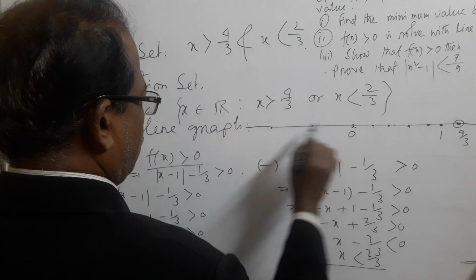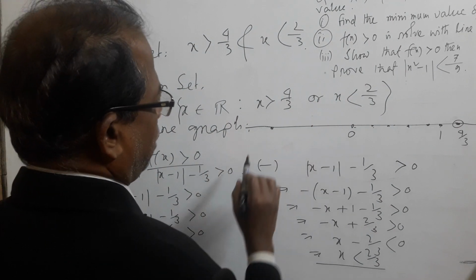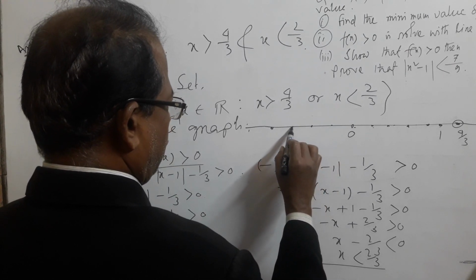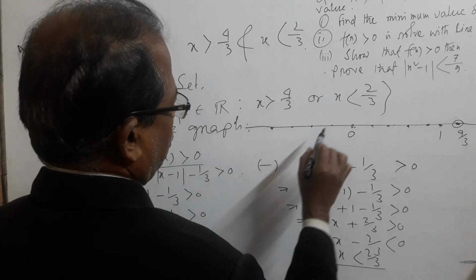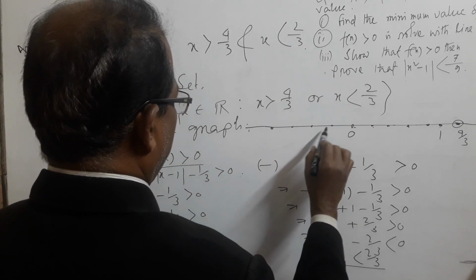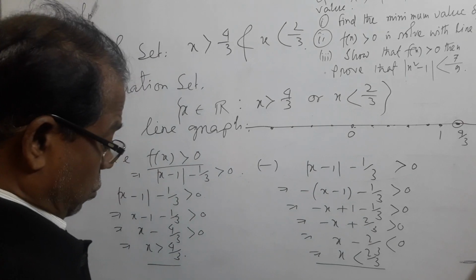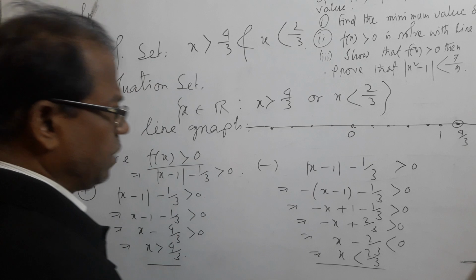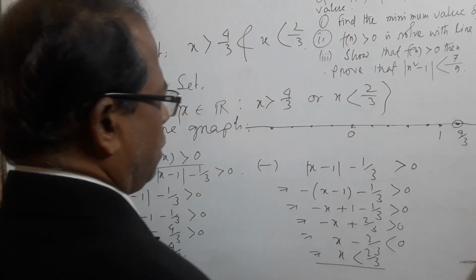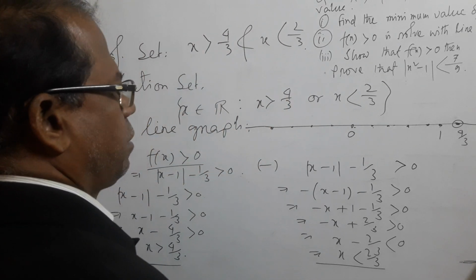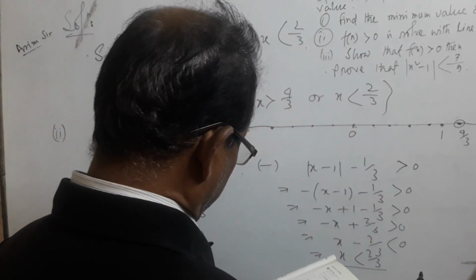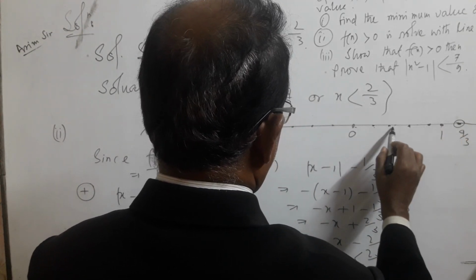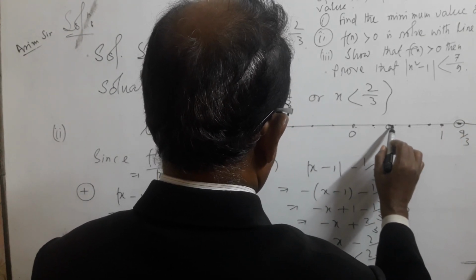And 0, minus 1, that means 1, 2, 3, 4. So 2/3. That means this is the point of 2/3.